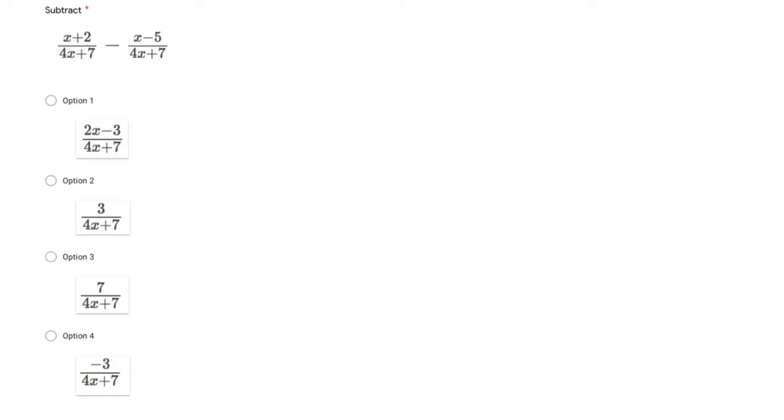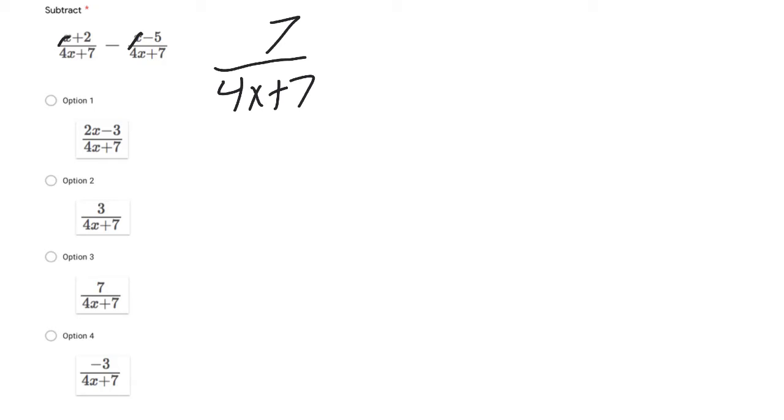So x minus x is just 0, so those cancel each other out. And then you have 2 minus a negative 5, the same as 2 plus 5, so it's just going to be 7 on top. And then your denominator stays the same, so it's 4x plus 7.